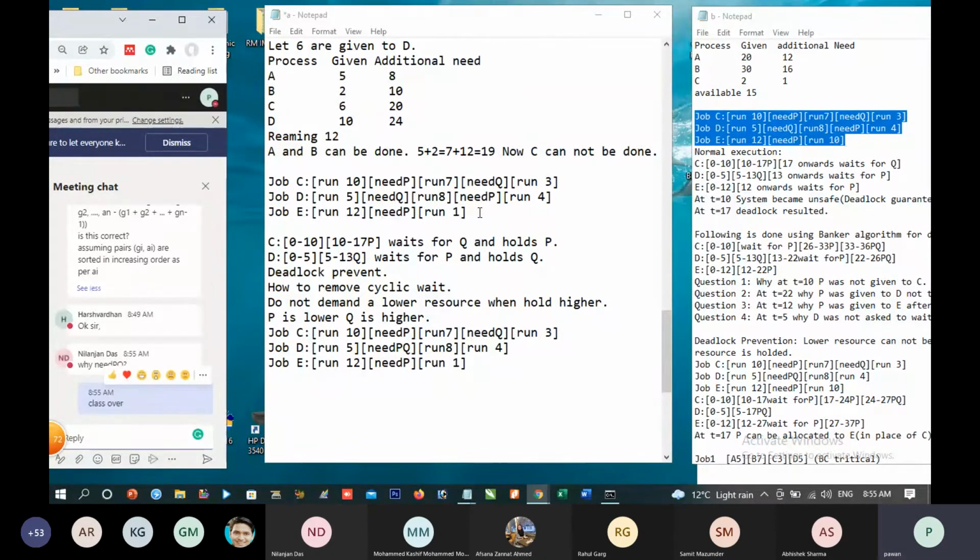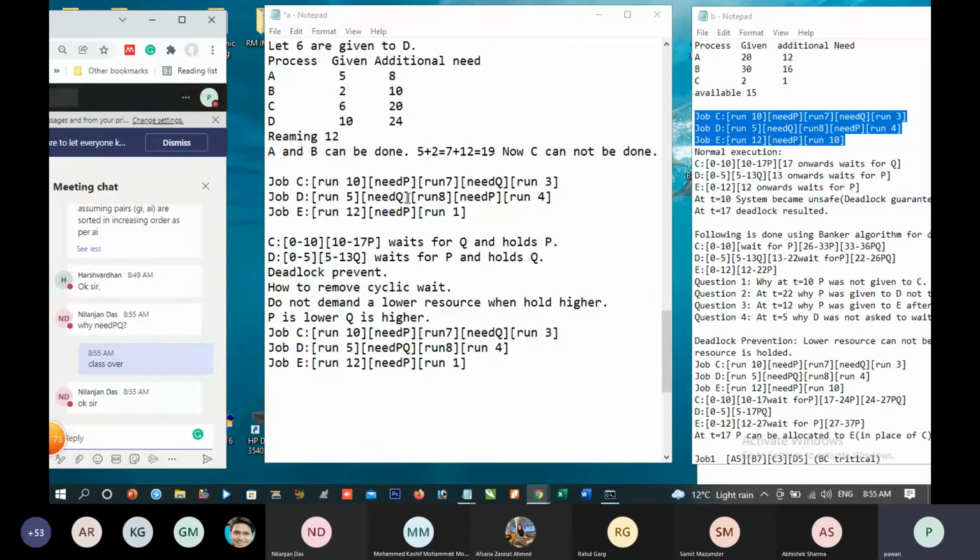We are making a policy that when you are having a higher thing, Q is higher, then lower thing you cannot demand. Is it correct? Do you understand it? So what we do, if you need Q, before that you should need P. So from time t equal to 5 to 13, even if P is not needed, you must demand P.